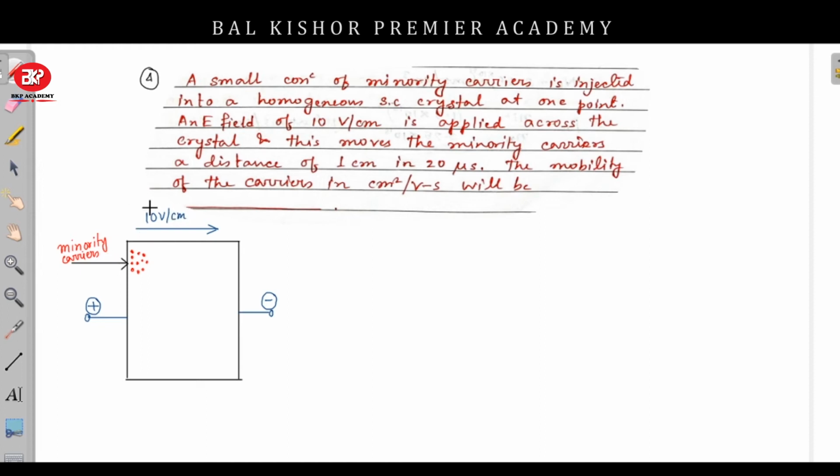So this is the electric field value that has been applied externally to the homogeneous semiconductor crystal.